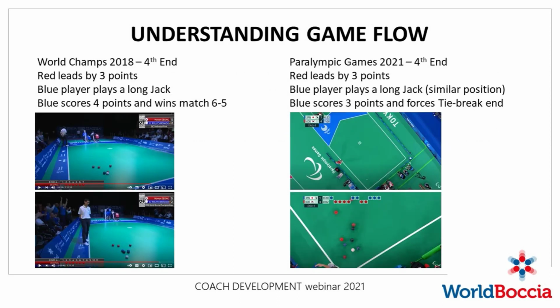So the example we're going to use here is, on the left-hand side, an example from the World Champs in 2018. We have the BC3 individual final from the World Champs in Liverpool, with an athlete from Korea playing red and an athlete from Greece playing blue.